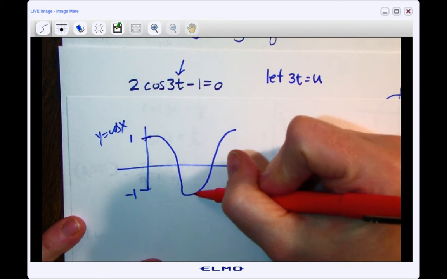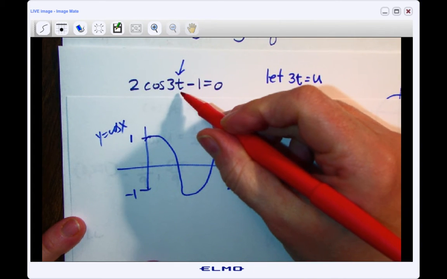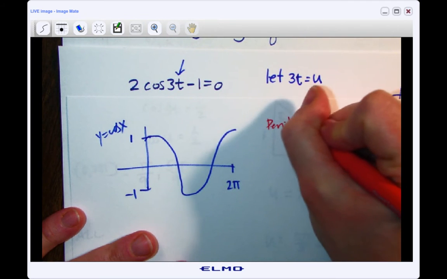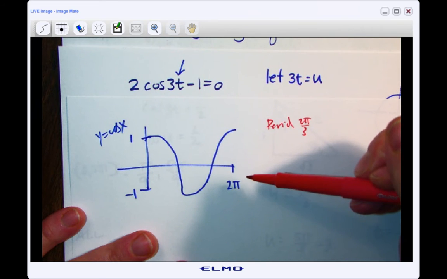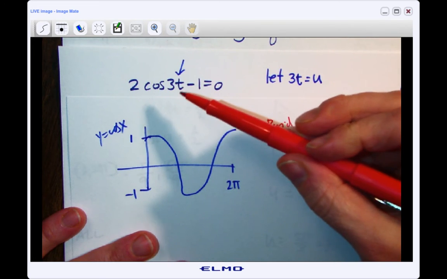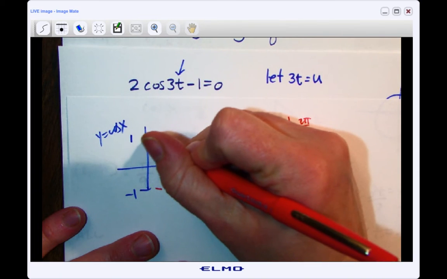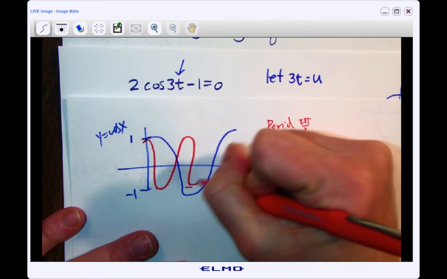I actually have to have 3 of these inside here, right? Between 0 and 2 pi. It's going to compress it by a factor of 3, so my period is going to be 2 pi over 3. So I actually have to get 3 of these in here if we have a compression like that. So I would have a thing here, a thing here, and a thing here, let's say. So you thought that one was ugly. Wait till you see this one.